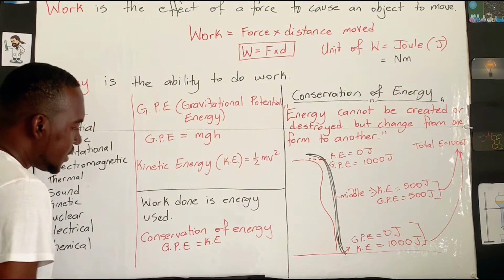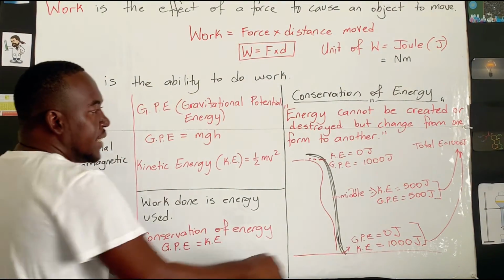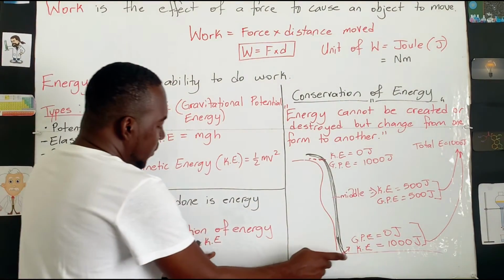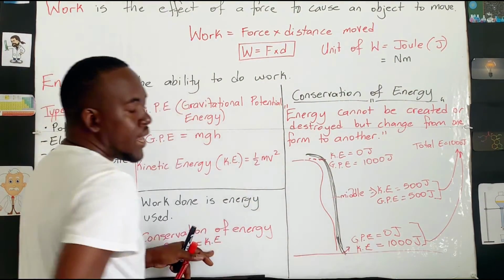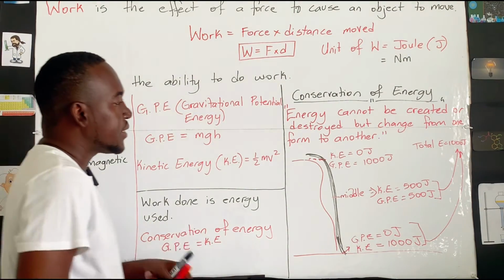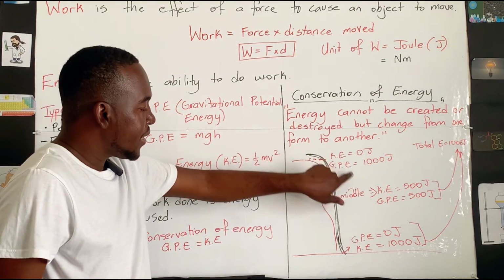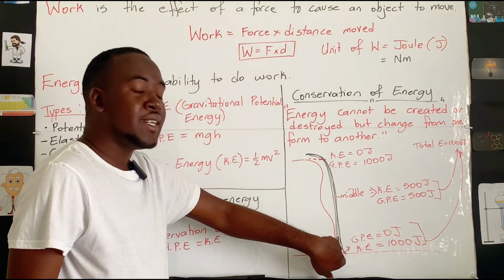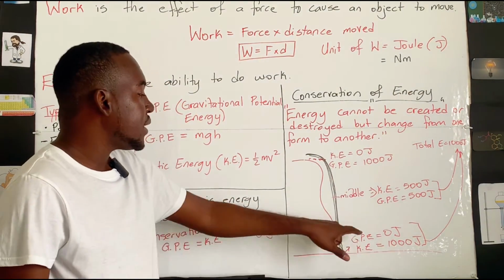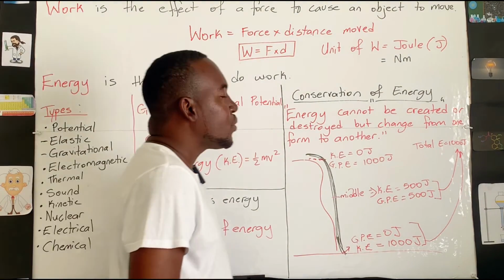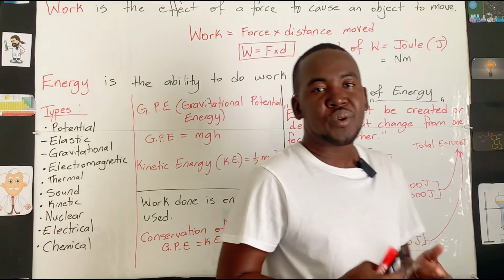So what we see here is the principle that the total potential energy at a point will be equal to the kinetic energy at another point. In this case, at the start it had maximum potential energy, and when it reached the end, it had its maximum kinetic energy and 0 potential energy. So that's how the principle of energy works.